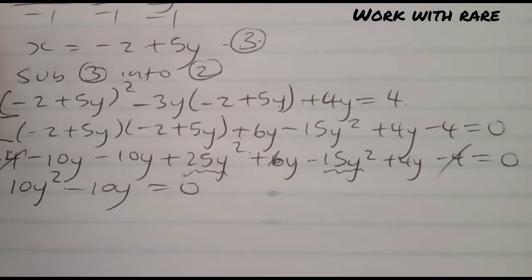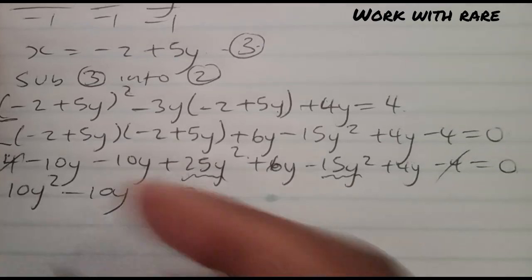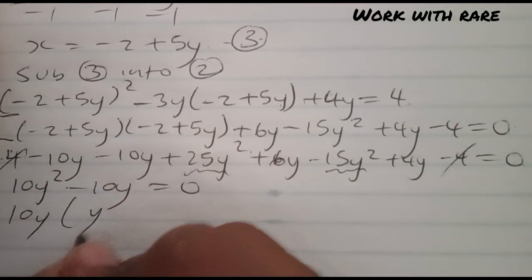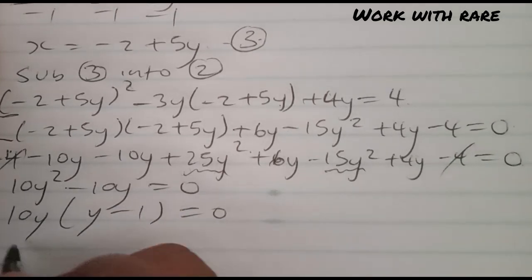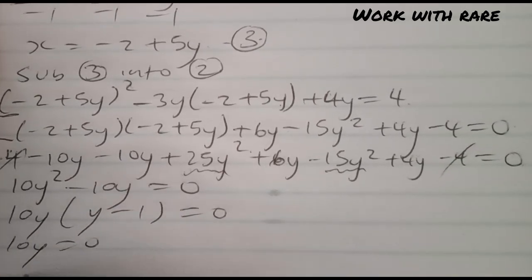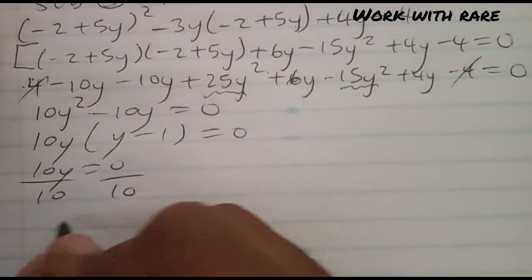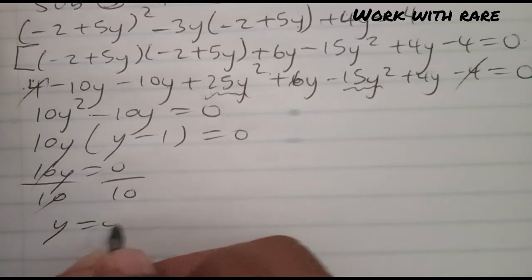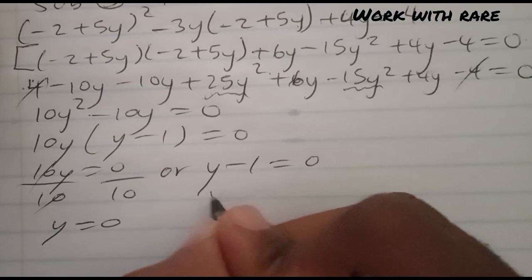Now you can see we have a binomial. From this binomial we can see we have a common factor, which will be 10y, and here we remain with y minus 1. Therefore, what is outside the bracket is equal to 0. Divide both sides by 10, then they cancel each other, and our y is 0, or what is inside the bracket is equals to 0.